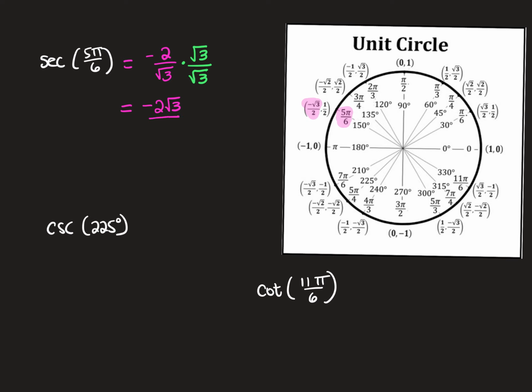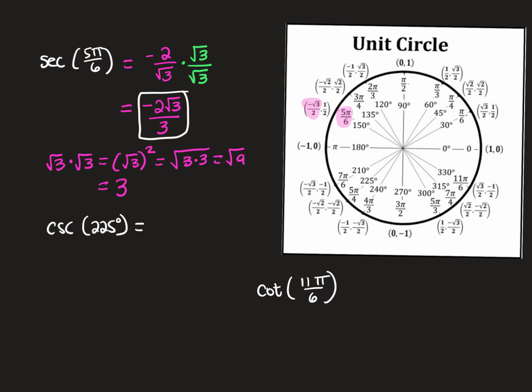Let me do this off to the side here. Radical 3 times radical 3. You can think of that as either radical 3 squared or radical 3 times 3. Either one of those will lead you to the square root of 9. All of these can be simplified to just 3. So the denominator of my fraction is just 3. And then that's the secant of 5 pi over 6.